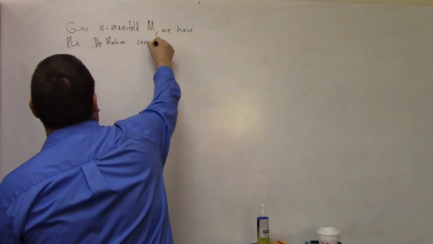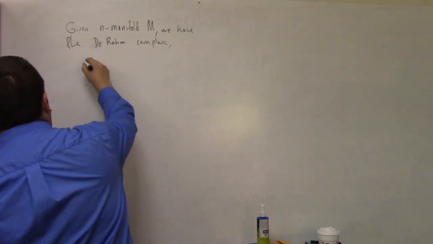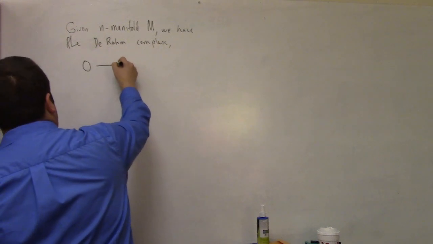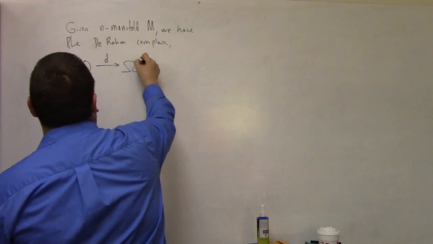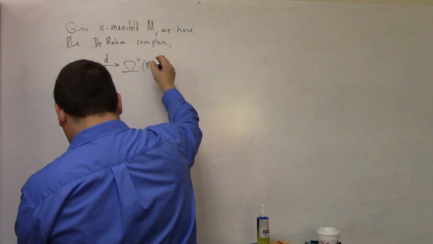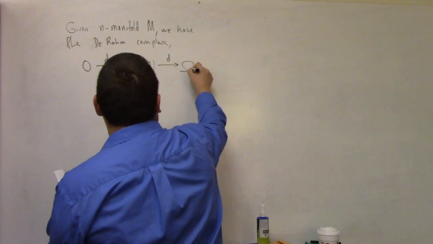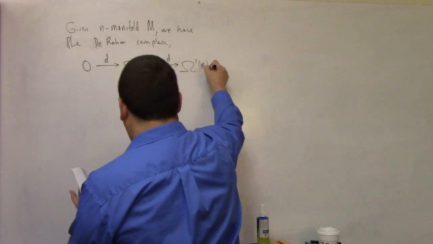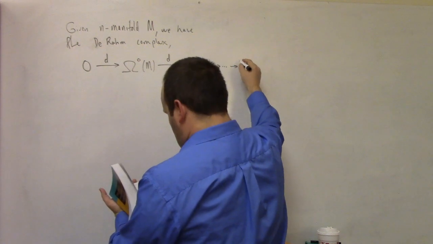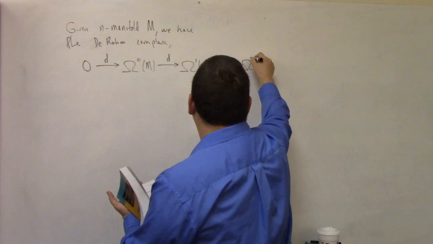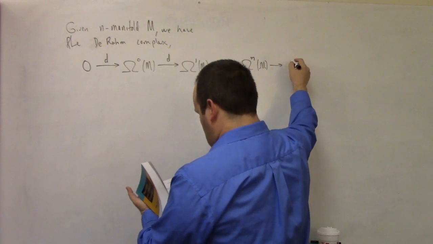So what does that look like? We've got 0, and then the exterior derivative d, 0-forms over M, and the exterior derivative again, 1-forms over M, and so forth, until you get to n-forms over M, and then you get 0.